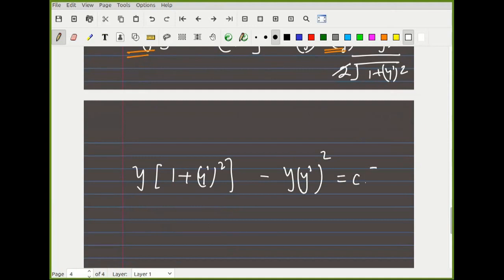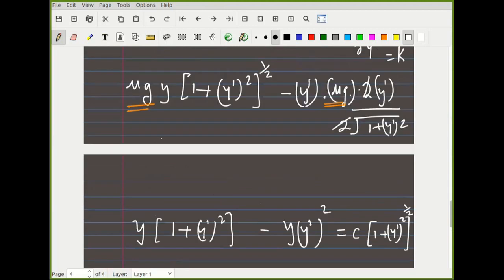I'll tell you what that constant is: (1 plus y dash the whole square) the whole power half. So what is happening is that, I've just jumped one step.